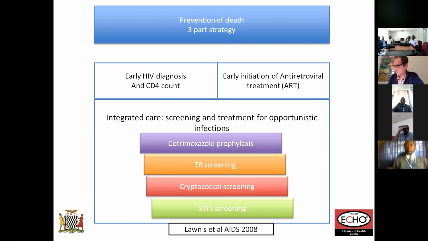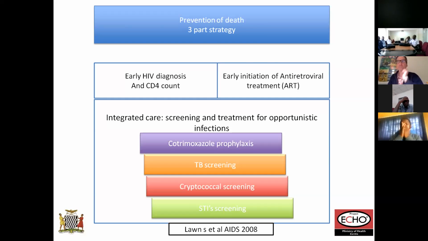The prevention of death in HIV is a three-part strategy, which also fits in with the 90-90-90 approach. The first, of course, is early diagnosis of HIV and determination of the CD4 count, which accounts for the first 90.